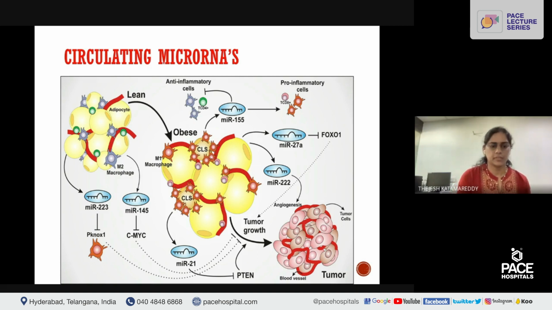So lean tissue has these microRNAs, which inhibit tumor suppressor genes, thereby decreasing the progression of the tumors. Whereas in obese tissue, all these microRNAs are released, which help in angiogenesis and progression of the tumor.